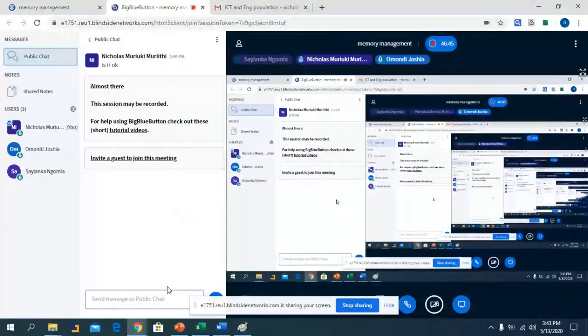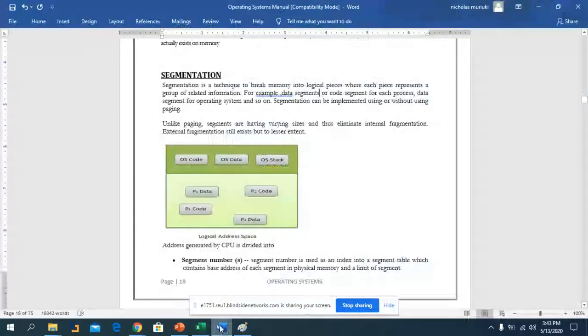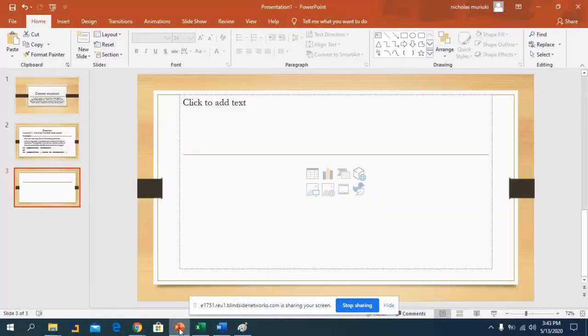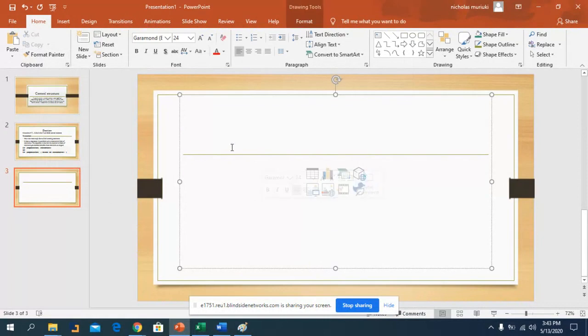Let me try to summarize that a bit. Let me use a PowerPoint to summarize, and I want to be very brief. Types of memory techniques.